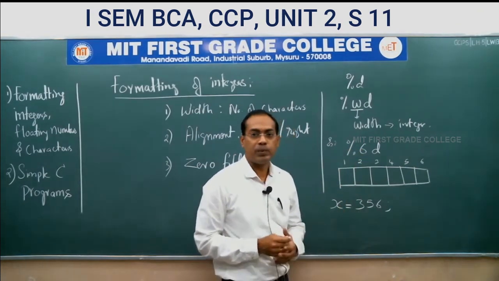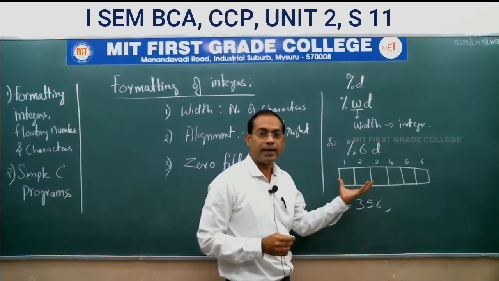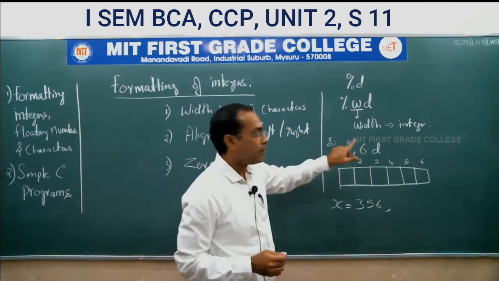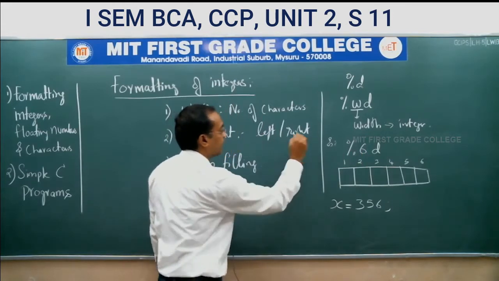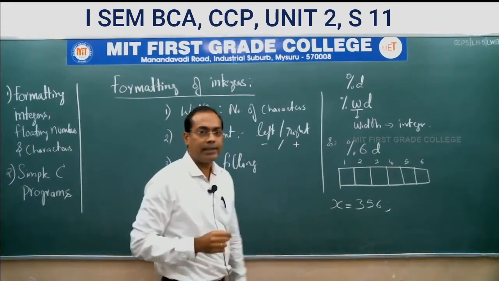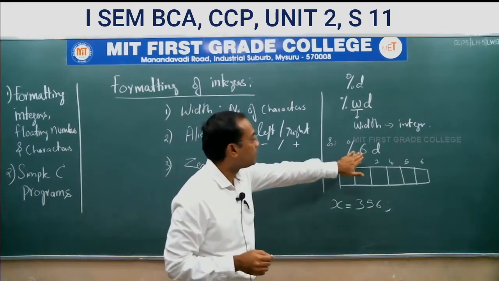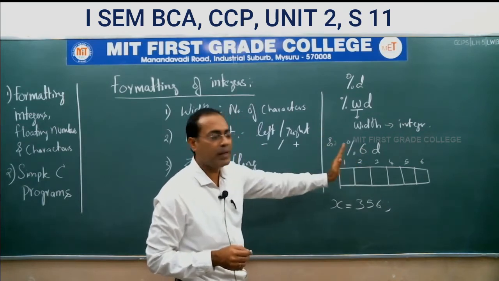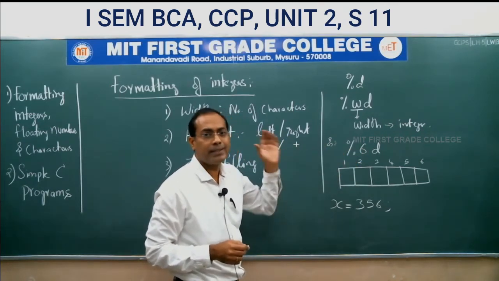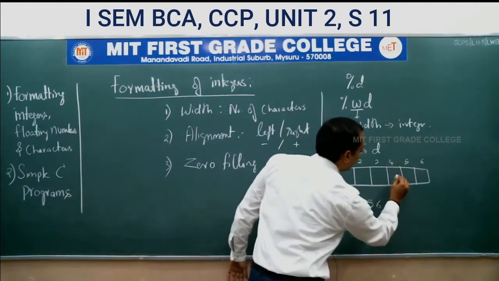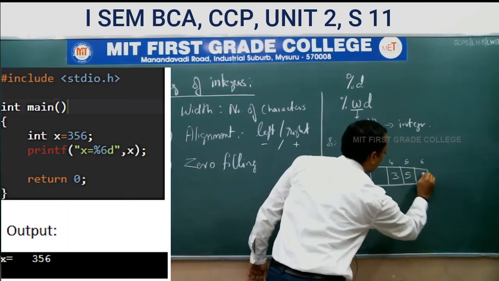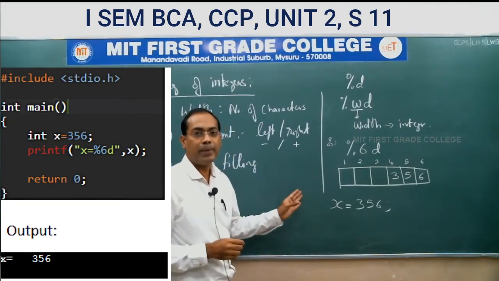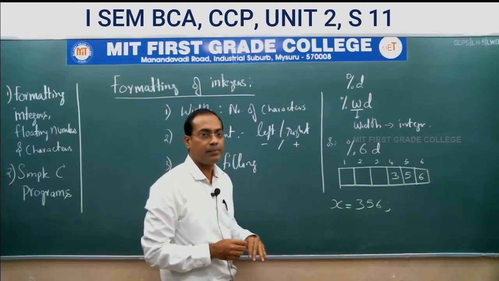How will this 356 be displayed in this 6-character width? Plus indicates right alignment and minus indicates left alignment. Since we have not specified any negative sign here, it is assumed to be positive. So positive indicates right alignment. So from the right, 356 will be displayed. This is how the compiler will display this number.